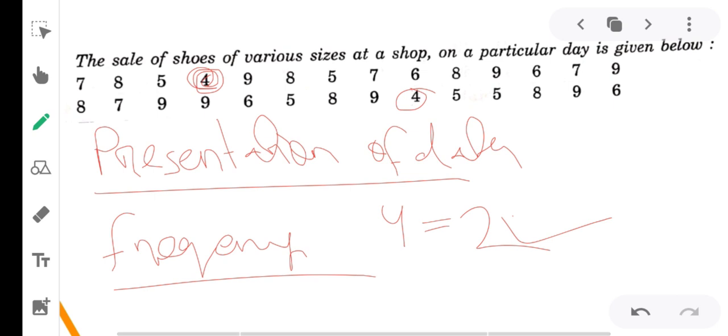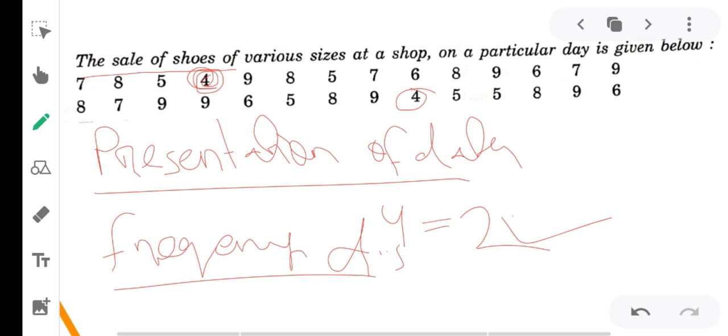Then frequency distribution. Frequency distribution means the tabular arrangement of the data showing the frequency of each observation. When you represent the frequency in a tabular form, that is known as frequency distribution. Clear? Okay, so this is the example.